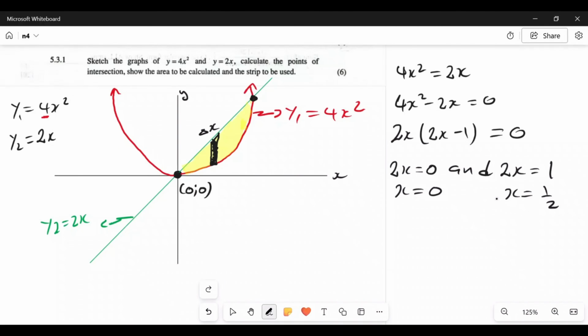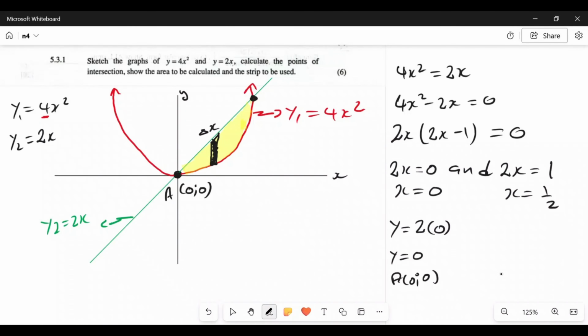There we go. Now we need to find the y values. In order for us to find the y values, we can substitute these x values into one of these two equations. So rather substitute them in y2. So y is equal to 2 times x when x is 0. So y is going to be equal to 0. So we can say point A, we have 0 and 0, which is this one here.